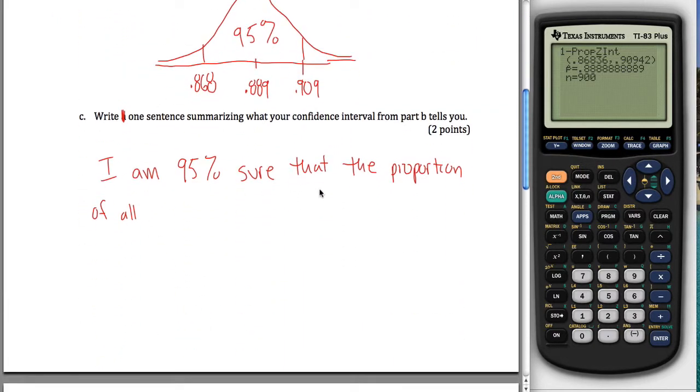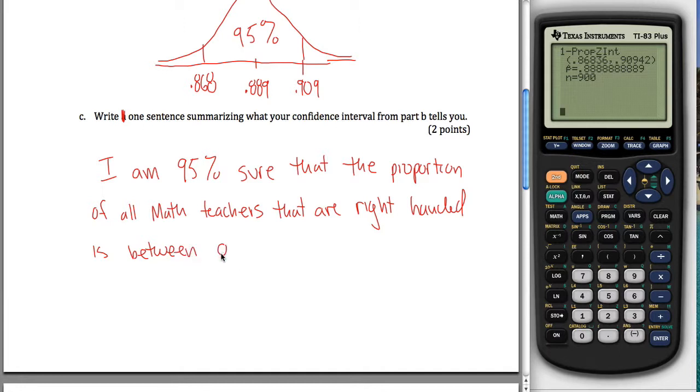Okay, I'm 95% sure that the proportion of all math teachers, not just the 900 I looked at, but all of them in the population, that are right-handed is between 86.8% and 90.9%.